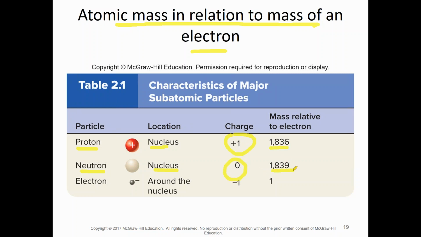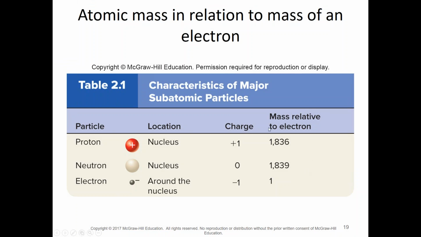And look at their mass relative to the electron, 1,800 times the mass of an electron. Neutrons, as you can see, are slightly more massive than protons. And then the electrons have very, very little mass. And they, of course, have a full negative charge. They're not in the nucleus, they're located around the nucleus. Nice little summary there in that table.